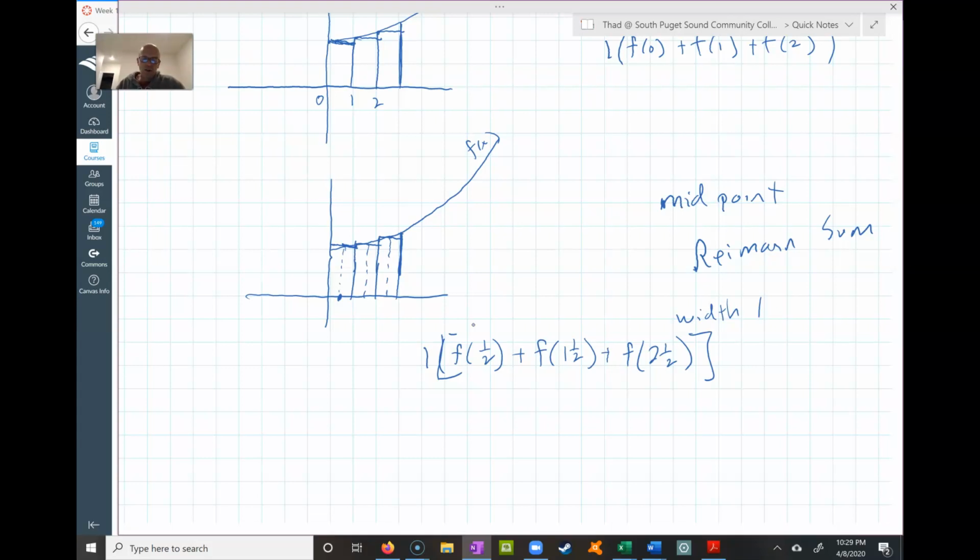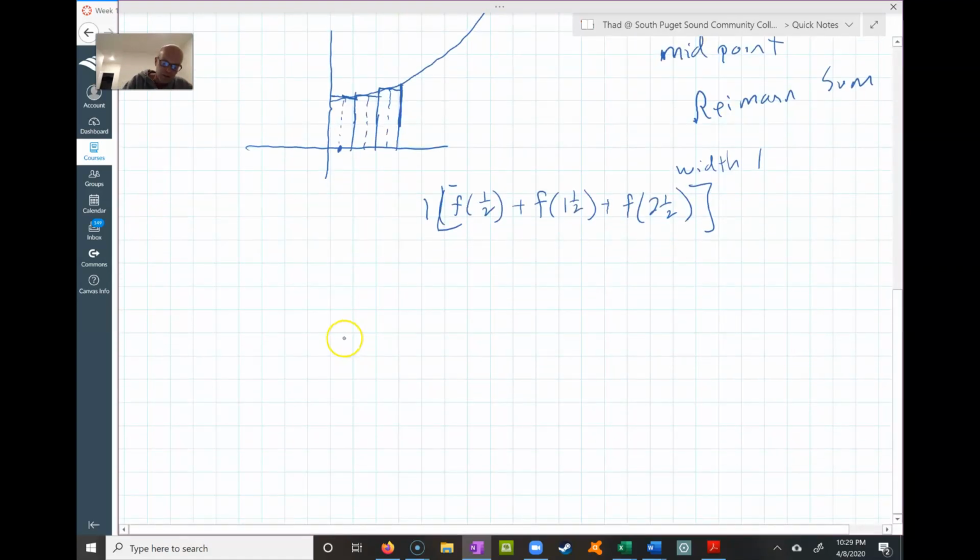Now, what if we had the same type of drawing, but it wasn't from 0 to 1, it was from A to B. So we want to make this generic now.